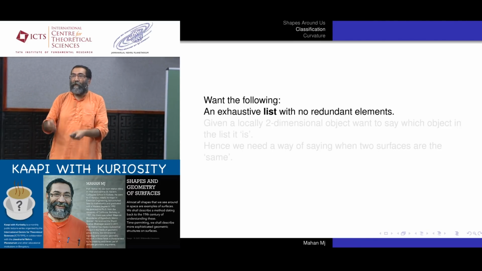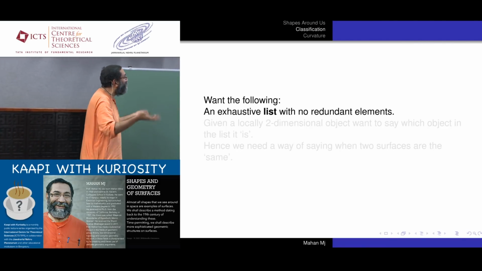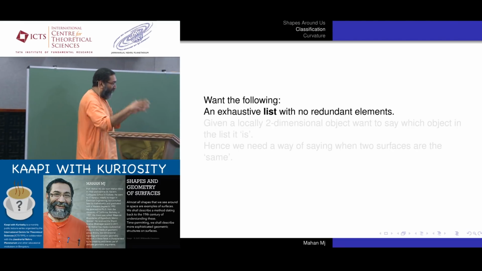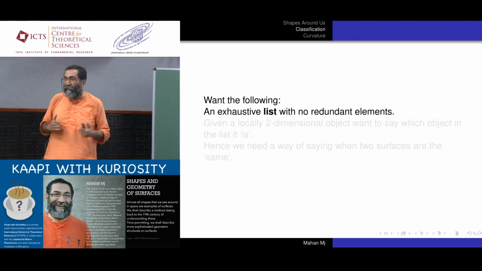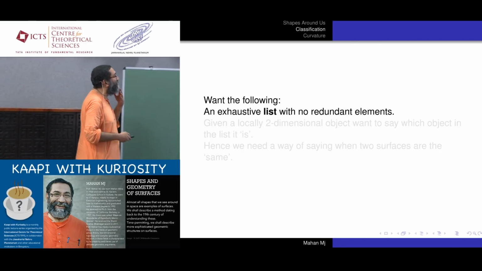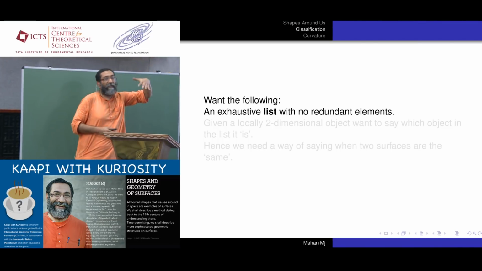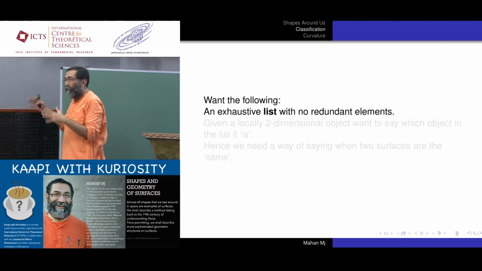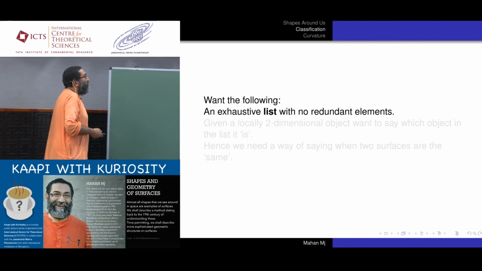So two chairs would be the same object. Yeah? So a chair would be distinguishable from a table. And so two different kinds of chairs would not occur in our list. That's what I mean by this exhaustive list with no redundant elements. But it should be exhaustive in the sense that all the objects that we are trying to understand must belong to this list.